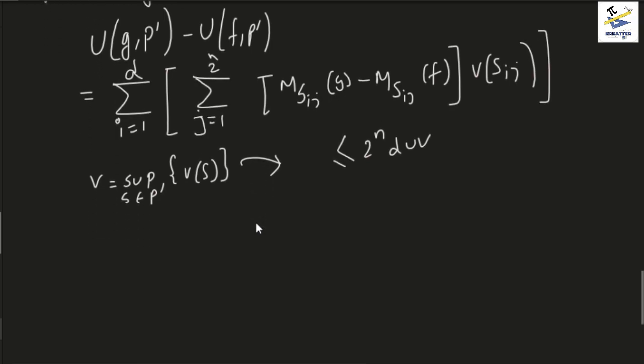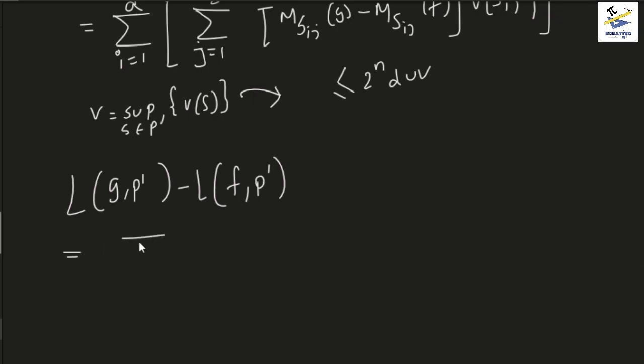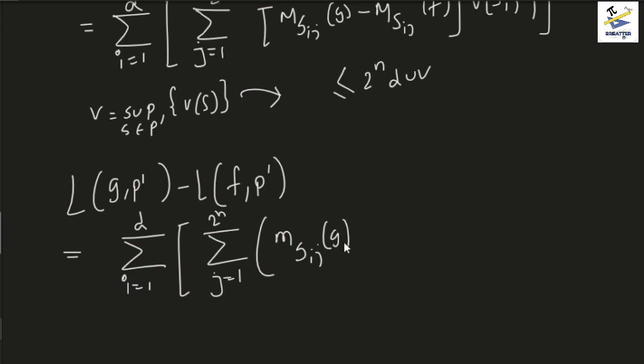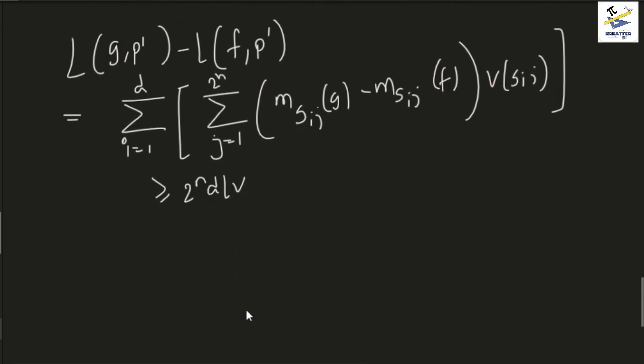Similarly, what we can also do is as follows for the lower sums, where we also find that v is the supremum again.